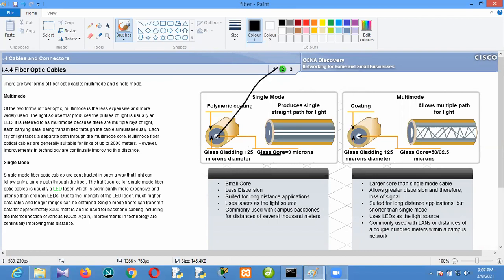Can you see the picture? Yes, the interior part of it is what we refer to as the core. Now, the surrounding part, which can be plastic or glass, is referred to as cladding. See the arrow where it's pointing. And the last one is coating. Sometimes it can be called buffer.